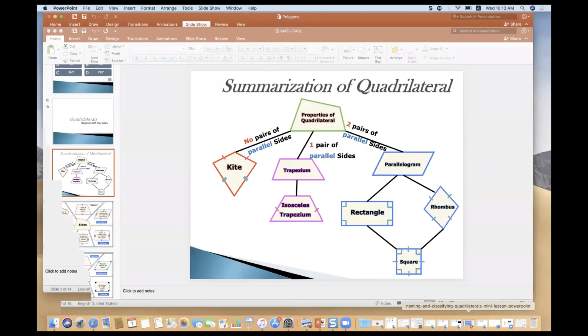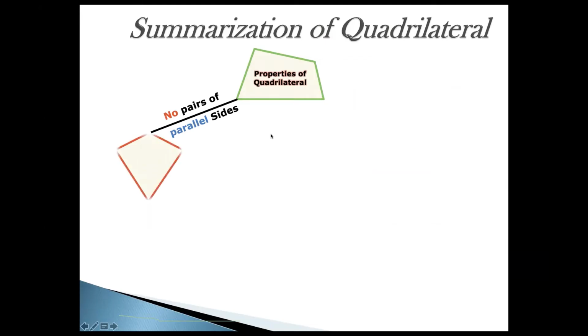Okay. The quadrilateral is the polygon which has, as we said, 4 sides, 4 angles, 4 vertices. In this year, we will study the group of quadrilaterals.